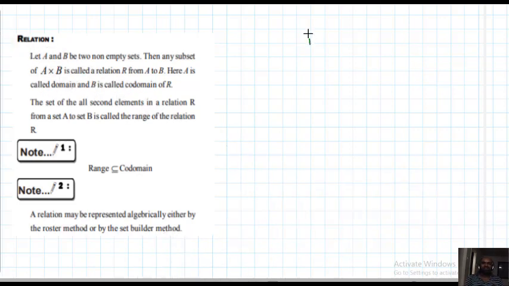Definition 1 is every ordered pair is a relation. Definition 2 of relation is a set of ordered pairs is a relation. By using this, the actual definition of relation is derived. For example, A is one set given, say {1, 2}, and B is given as {2, 3, 4}.